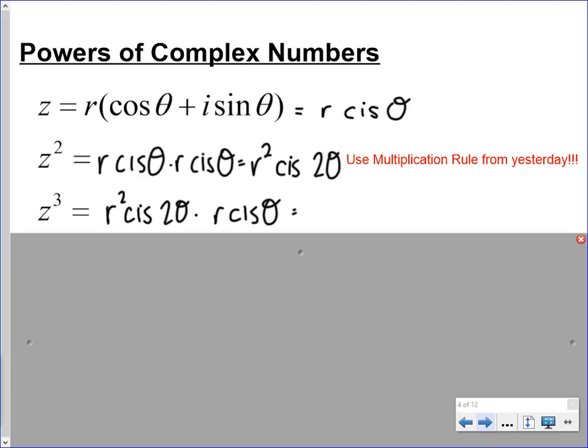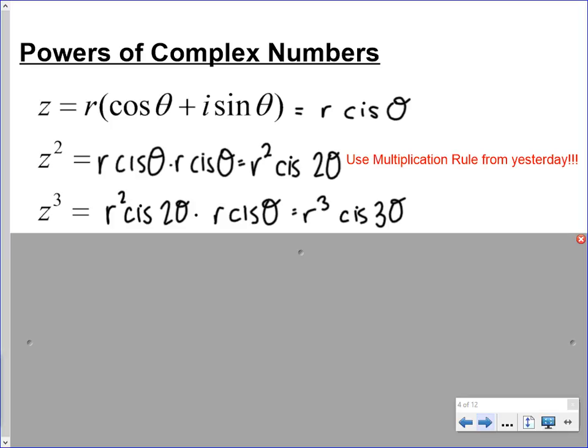So that would tell me multiply the modulus of each, r squared and r, to get r cubed. Thank you, Ethan. And then when I multiply cis 2 theta times cis theta, that will turn into the cis of the sum of the arguments. So cis of 2 theta plus theta is 3 theta. Are you starting to see a pattern?